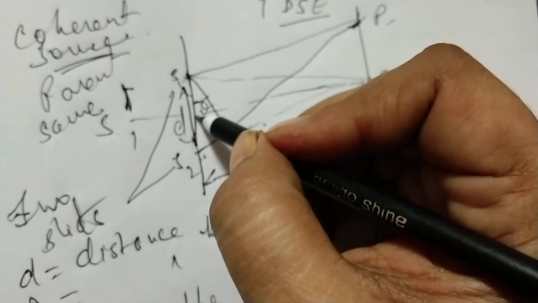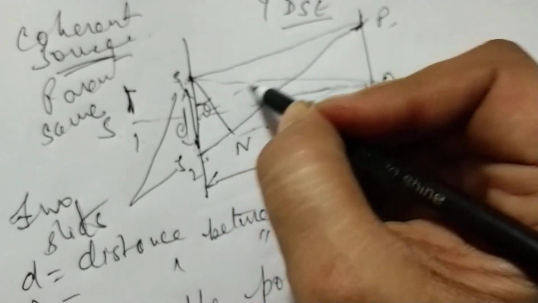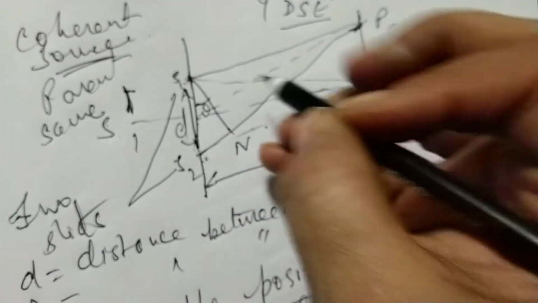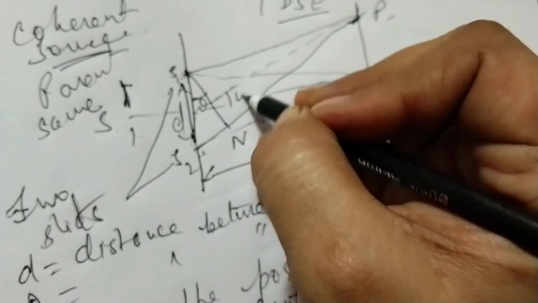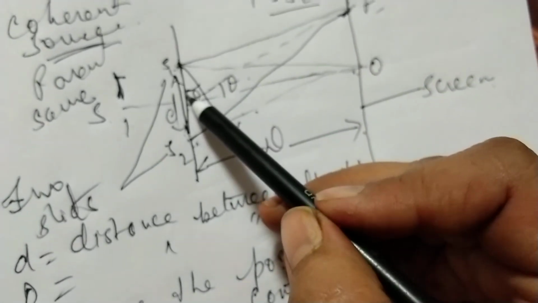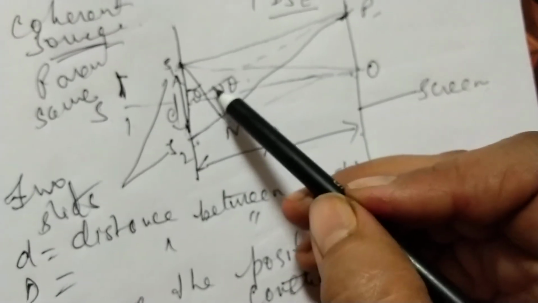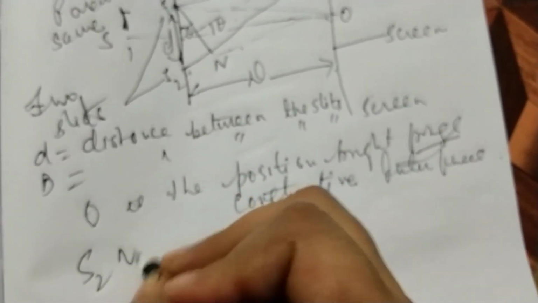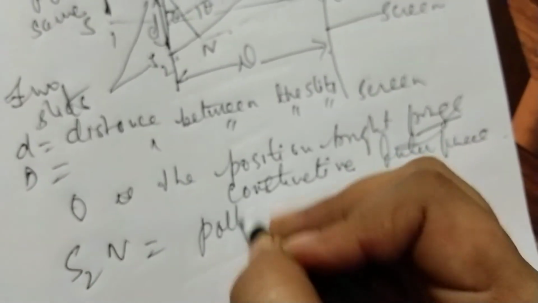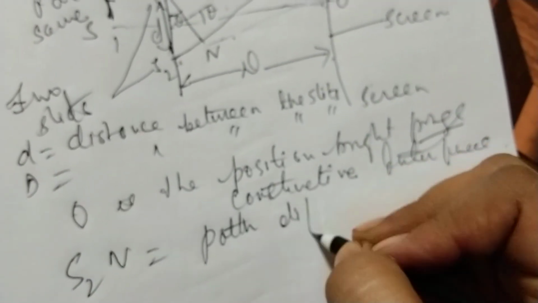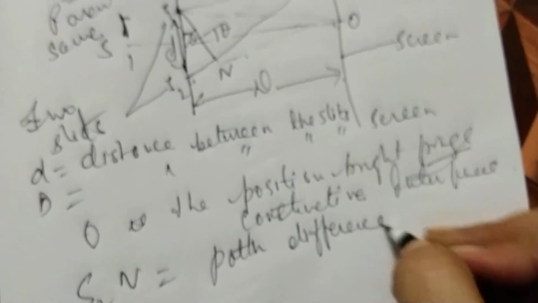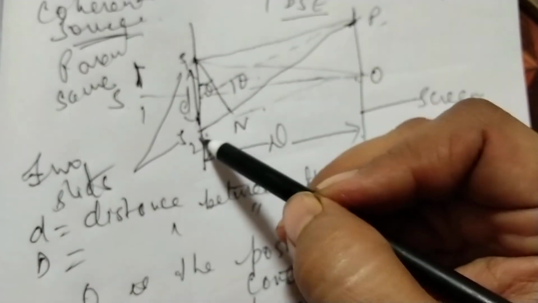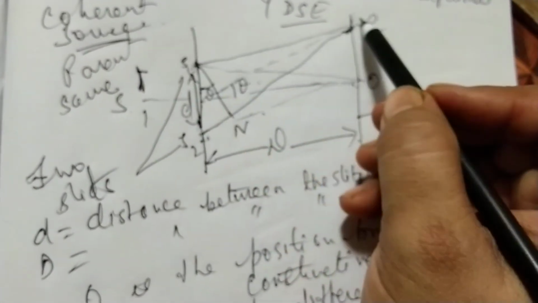So theta is the angle that we have here, and S2N becomes the path difference, because the distance S2P is more than S1P.